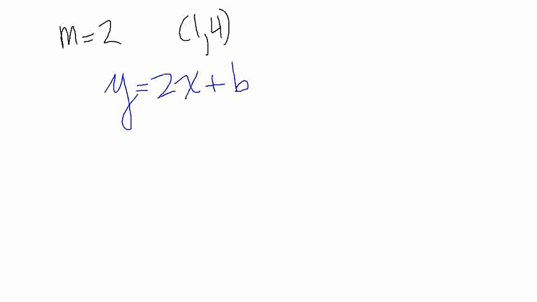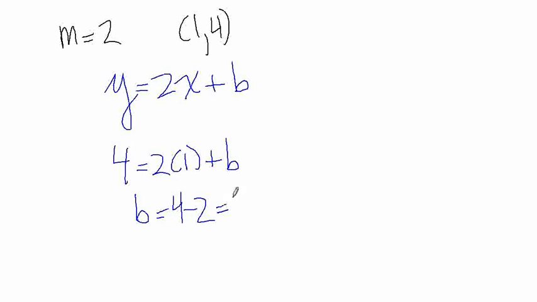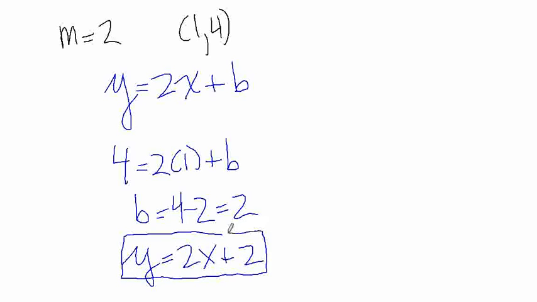Since the line passes through (1, 4), I can replace the x with 1 and the y with 4 and solve for b. So let me do that now. So y is 4, x is 1, so b is 4 minus 2, or 2. Putting it all together, y equals 2x plus 2. Okay?